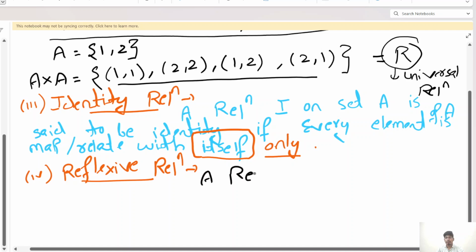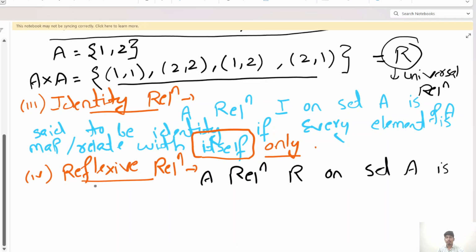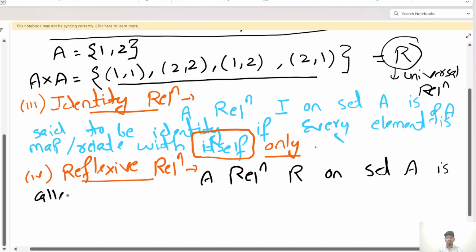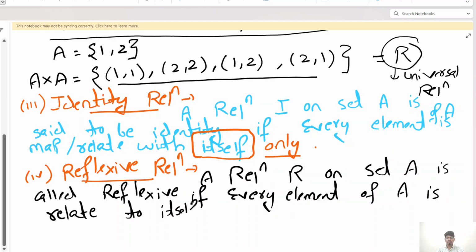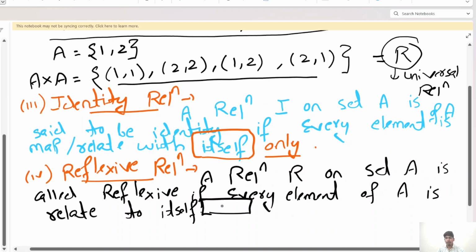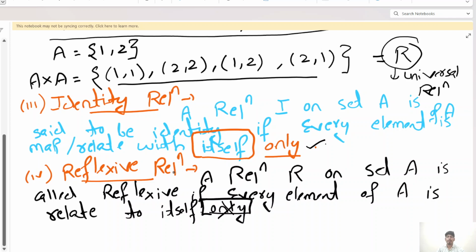A relation R on set A is called or said to be reflexive if every element of A is related to itself. Okay, here there is no word "only". Only in identity there is "only".